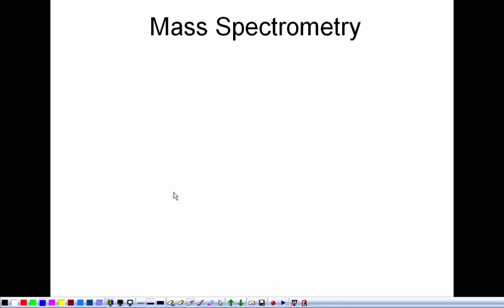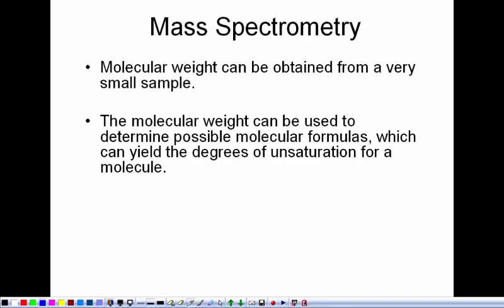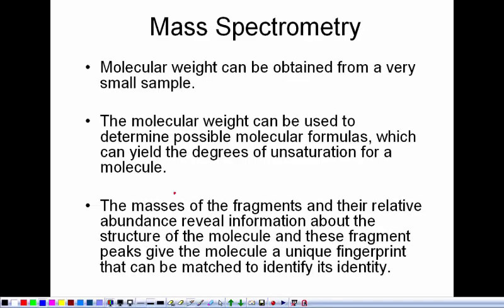Now, in terms of mass spectrometry, it gives us several things. Number one, the molecular weight of the sample can usually be determined. And we can determine that from a very, very small amount of sample. Okay, mass spectrometry, GCMS, is used in drug testing.